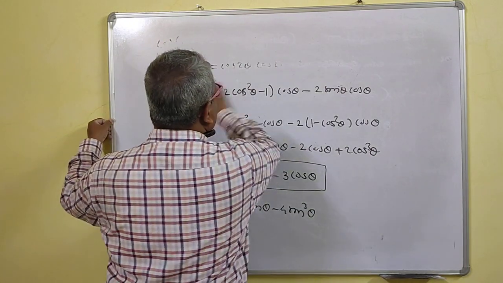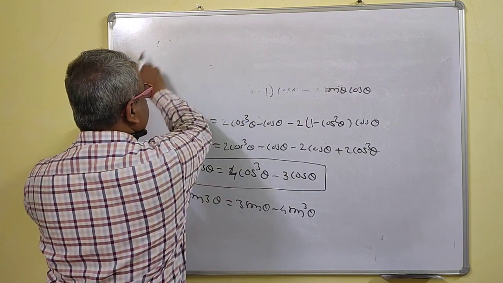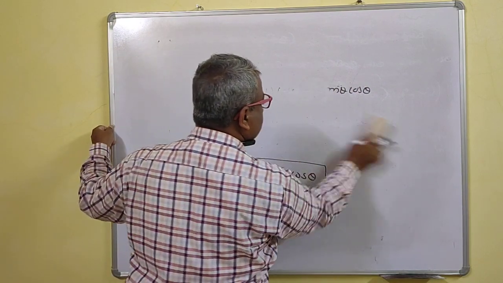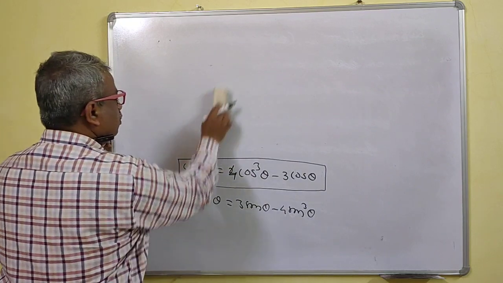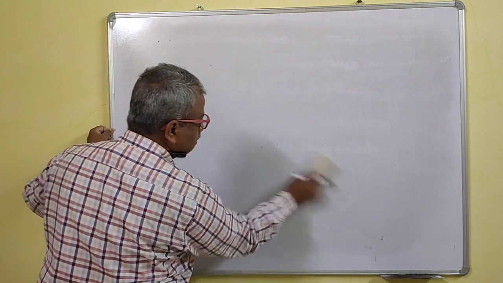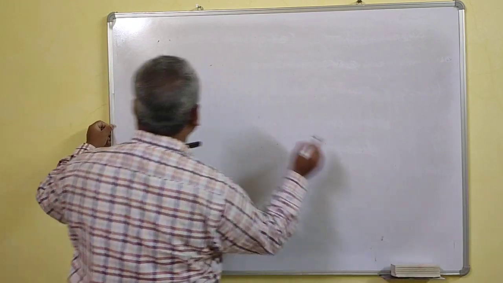Now we'll see the formula for tan 3θ. So tan 3θ is tan of (2θ plus θ).